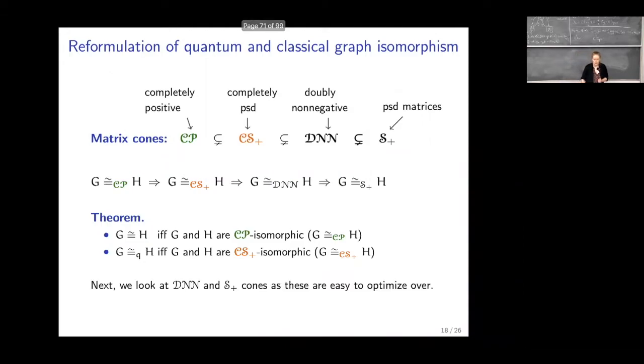Now let me look at the doubly non-negative and PSD cones. The nice thing about them is that you can optimize over them easily. Optimization over the orange cone is undecidable, and optimization over the green cone is NP-complete, because you can write things like independence number as optimization problems over the completely positive cone.